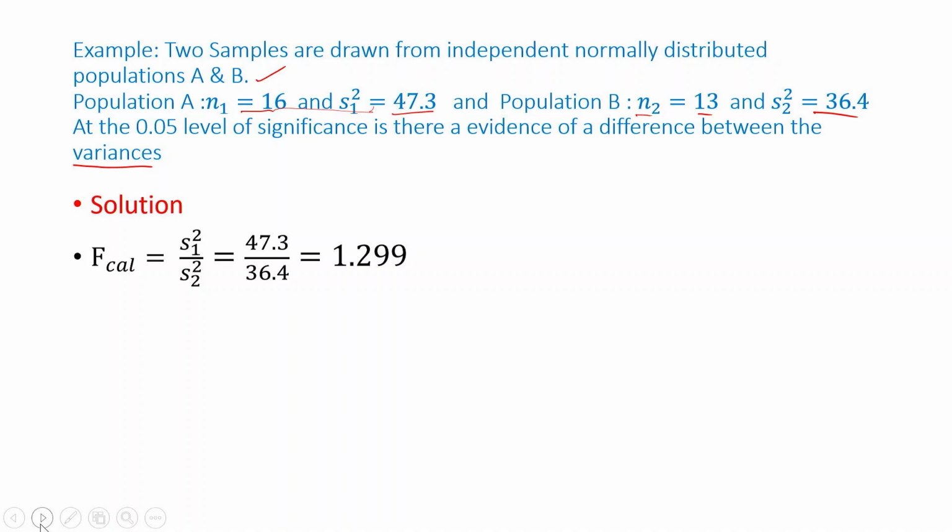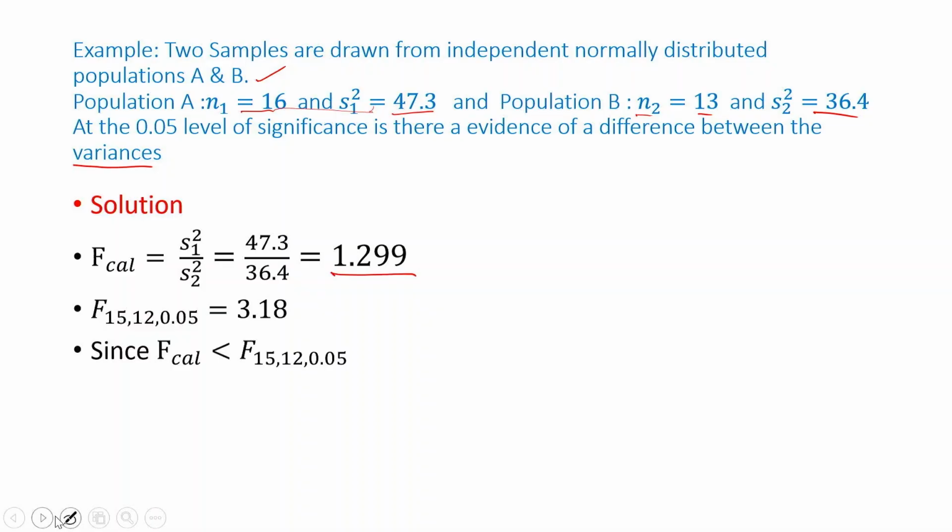We take the value whichever is larger. S1 squared is larger, so 47.3 by 36.4. If it happens that S2 is larger, then we consider S2 as S1 in that case. And now this value is this. If we consult the table for F with degrees of freedom 15, why 15?